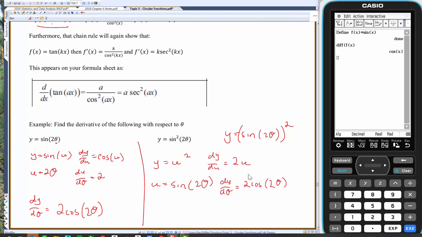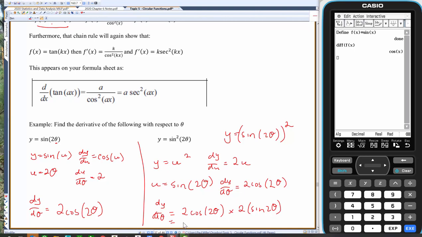So again, we multiply these two together and do a u substitution at the same time. So dy/d theta is 2 cosine 2 theta multiplied by 2, with a u substitution, sine 2 theta.